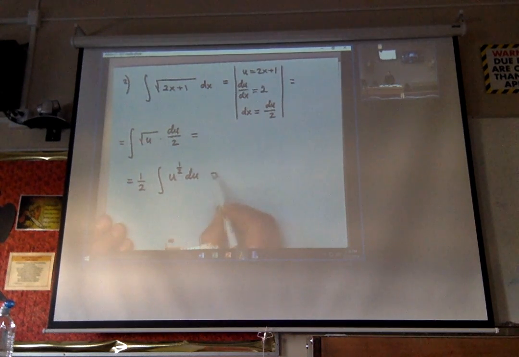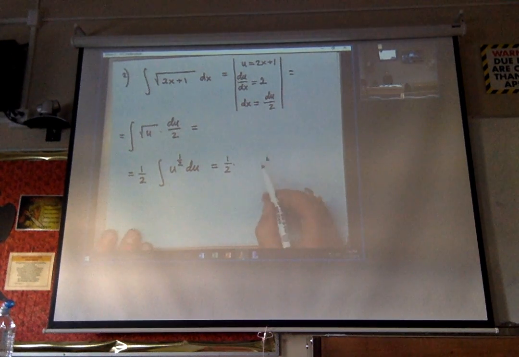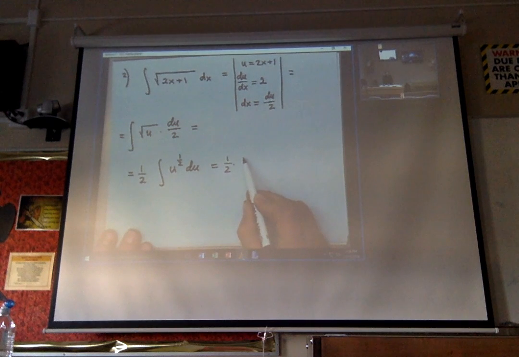So something that was a little bit larger, square root of 2x plus 1, we changed to square root of u, which is easy now to find the antiderivative. So we get 1 over 2, I'm going to go slow here, and then what is your antiderivative? 2/3 u to the 3/2.